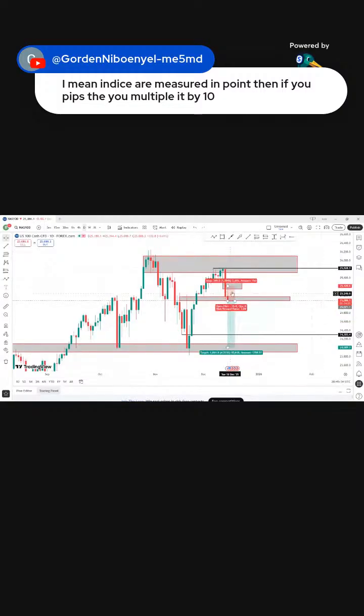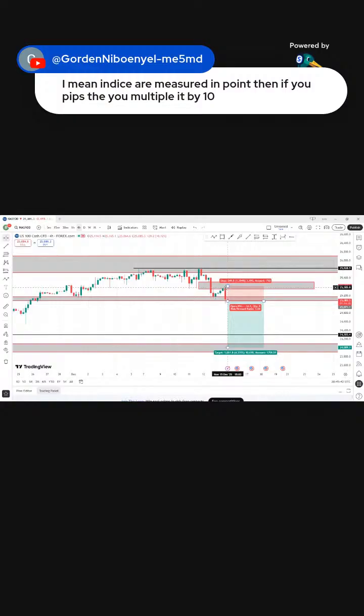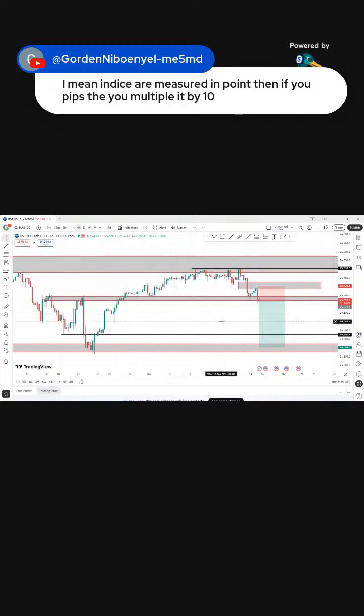But your stop loss will be above this particular bearish engulfing candle. Then you expect a breakout of this particular support level. When the market breaks below this particular support level, it will just retest a bit, then it will spike to the downside. This is exactly what I'm expecting on NAS 100. You understand?